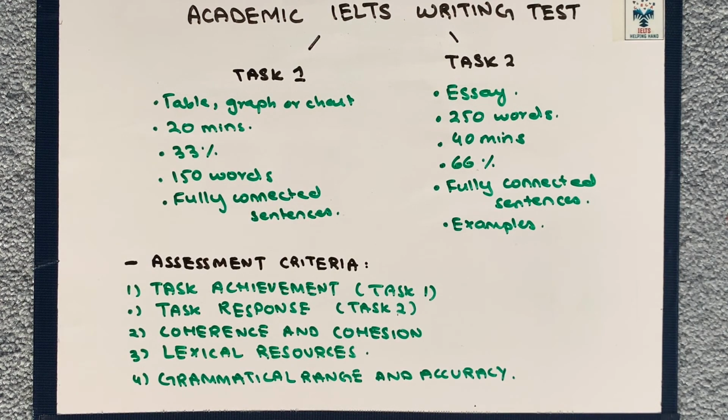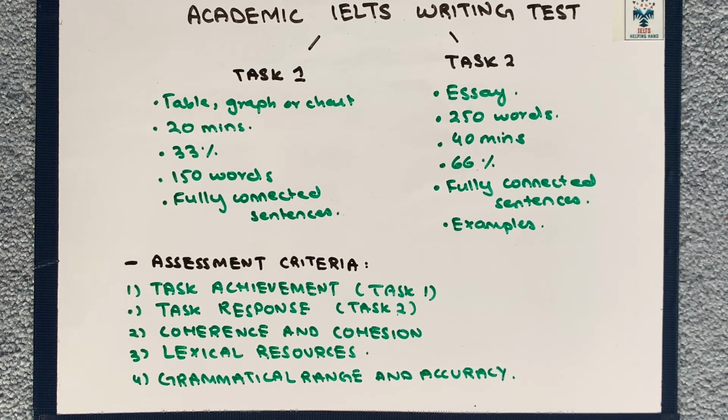Now, Task 2. In Task 2 of Academic IELTS writing test, you have to write an essay of 250 words or more. It is advised to spend no more than 40 minutes on this task. This task contributes about 66% in your final writing score.